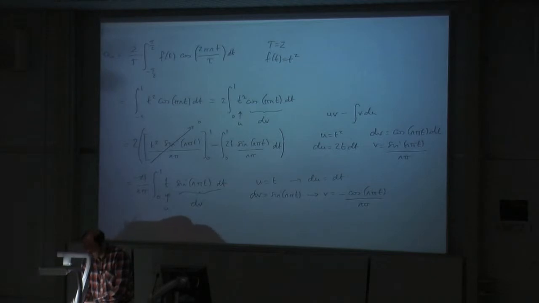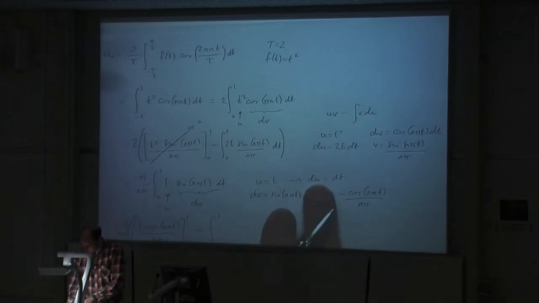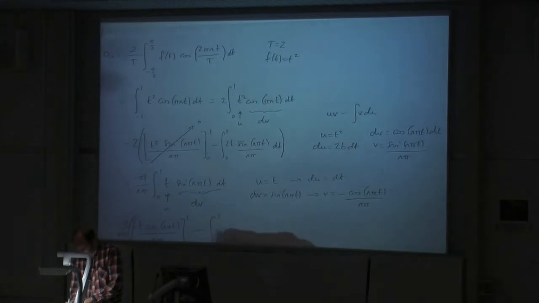So we have a minus 4 over n pi out here, between 0 and 1, minus the integral between 0 and 1 of v du, so minus cosine n pi t over n pi dt.